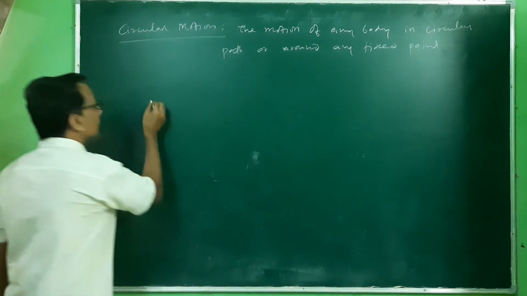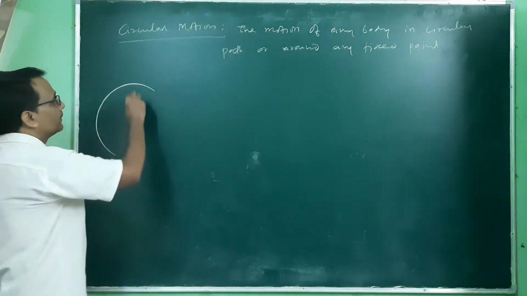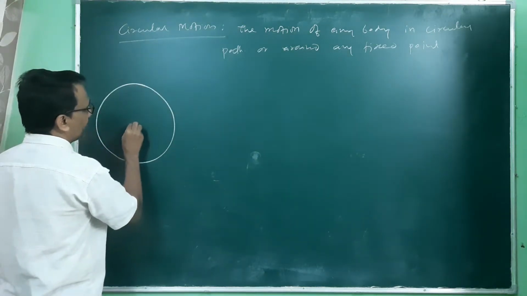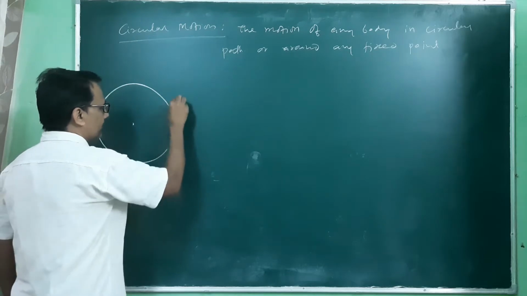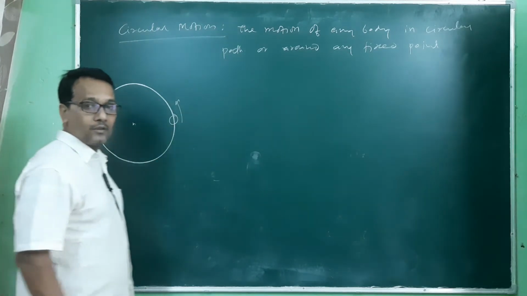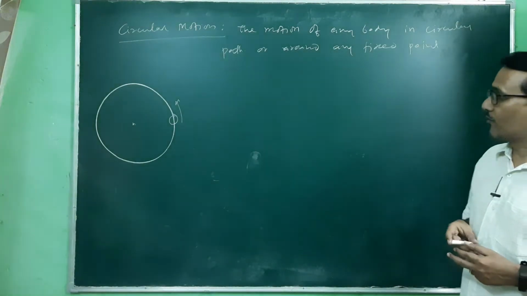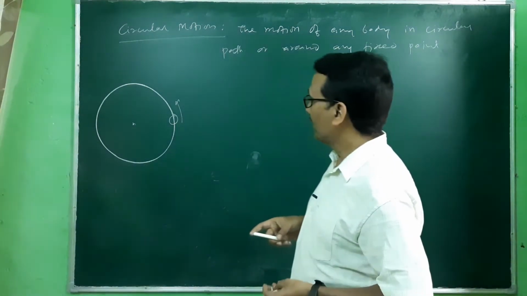So this is the circular path, and this is the center. So when a body moves in a circular path, then that motion is known as circular motion.